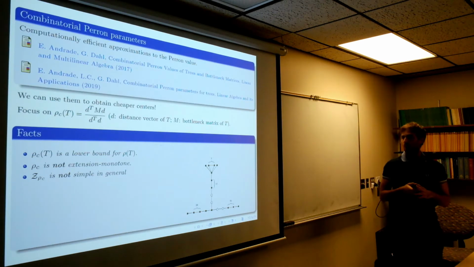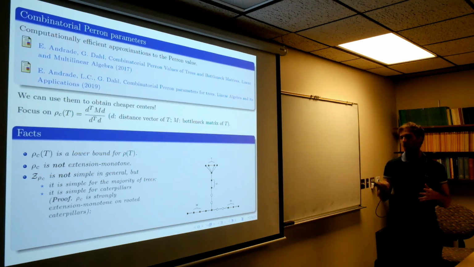There are some ways to overcome this problem. The first one is not caring about it. So this center turns out to be simple in the vast majority of trees, and then we can say that for applications it's enough. Or, a little bit more mathematically, we could say that this center is always simple for some specific classes of trees, for example for caterpillars. This comes from the fact that rho C is strongly extension monotone on rooted caterpillars.